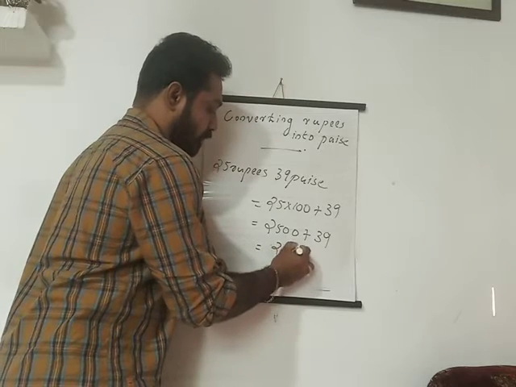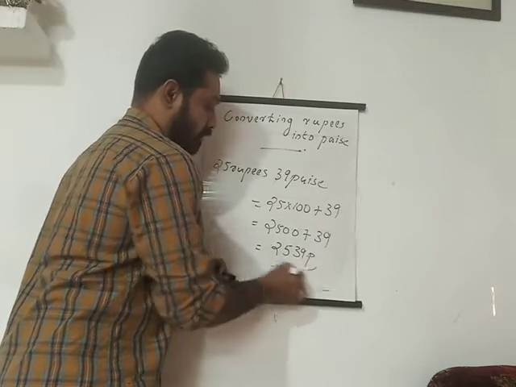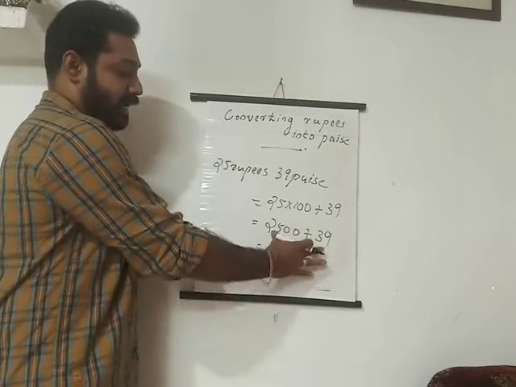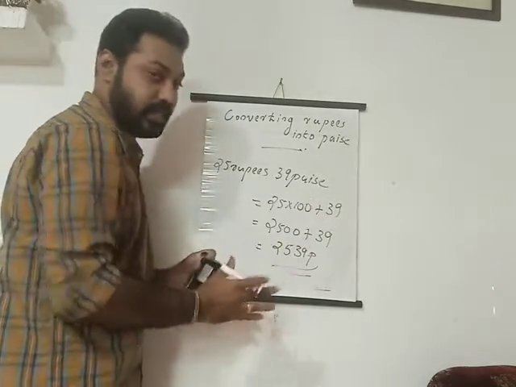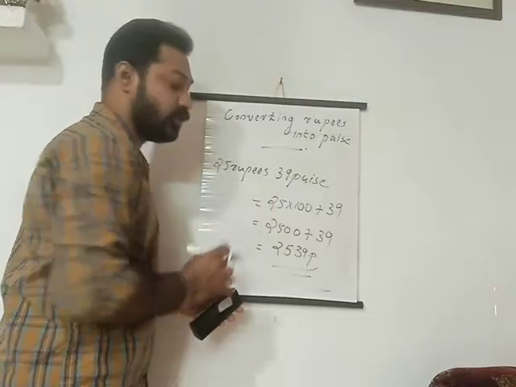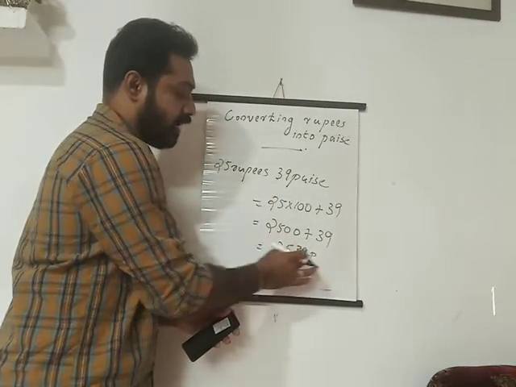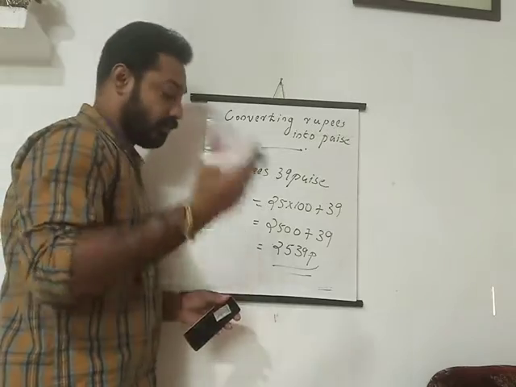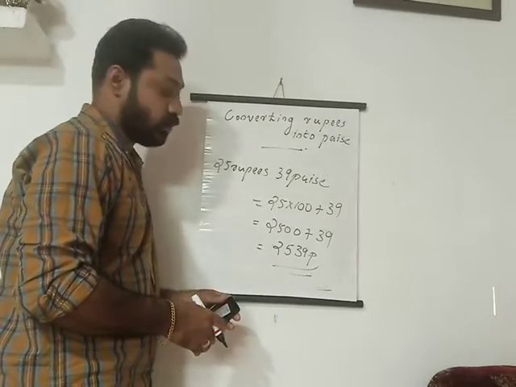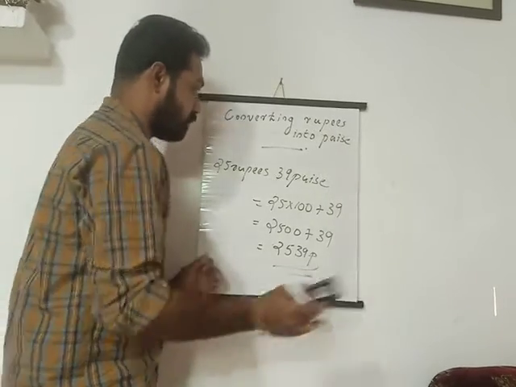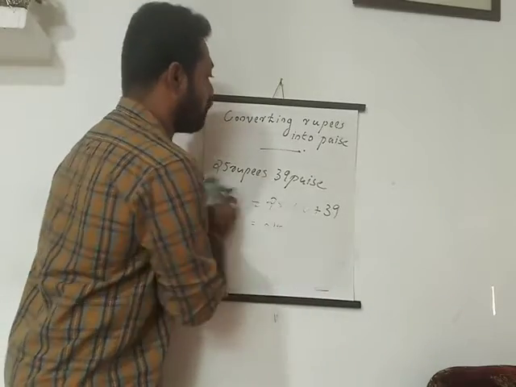We will get 2539 paise. Just multiply with 100 and add the remaining paise. The 39 is already in paise, that's why we are not converting it. So this is the conversion of rupees into paise.